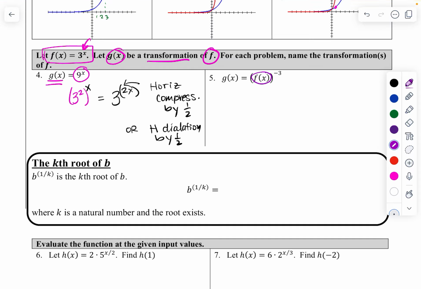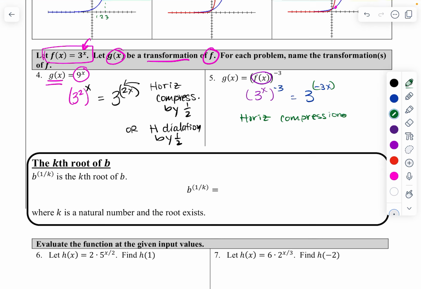Let's look at the next one. So again, f of x, remember, is 3 to the x. So if I raise it by a power of 1/3, that's like saying 3 to the negative 3x. There's two things happening here. Remember, this is inside the parentheses. This is a horizontal compression or dilation, and it's the opposite of multiplying by 3.